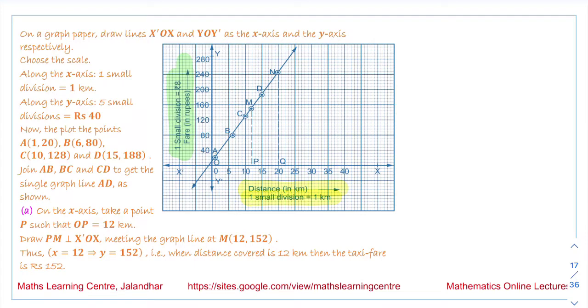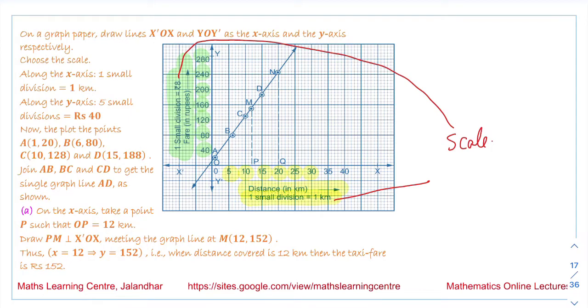We have marked the distance in kilometers as 5, 10, 15, 20, 25, 30, and the fare is changing accordingly. What we have written here is called the scale, and it is important to mention the scale of the graph when we are solving these kinds of questions.